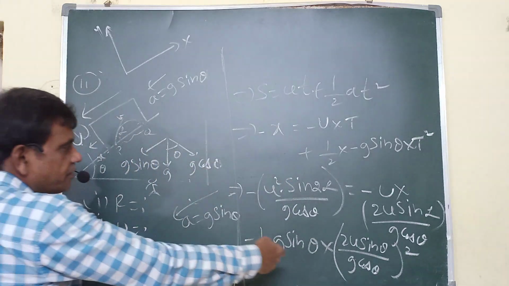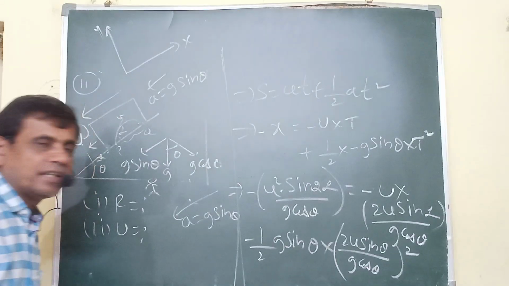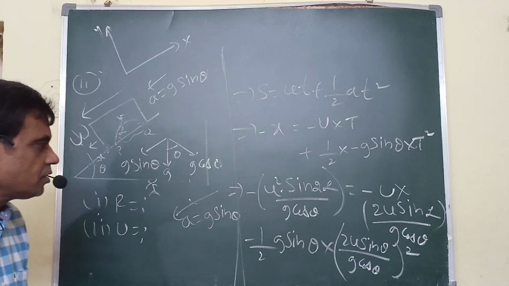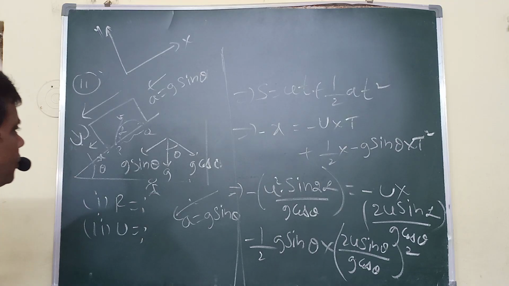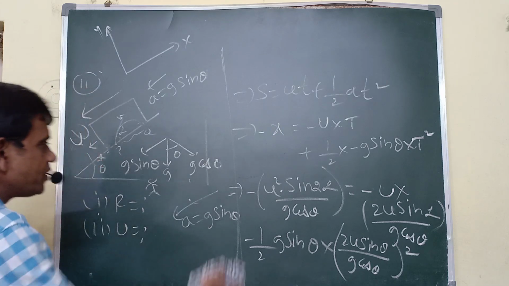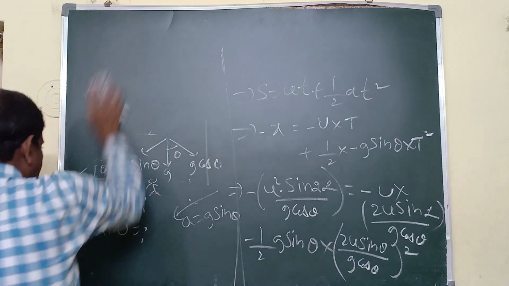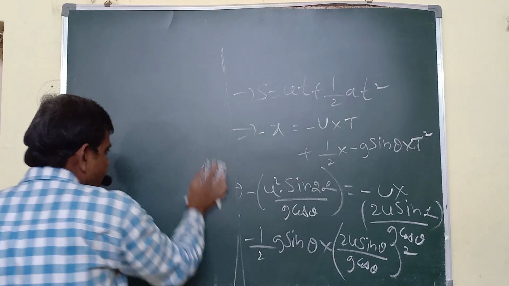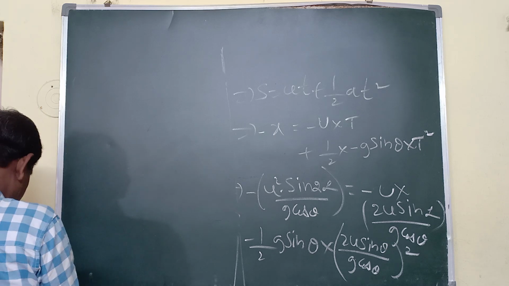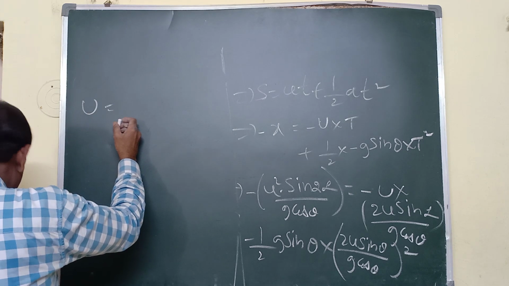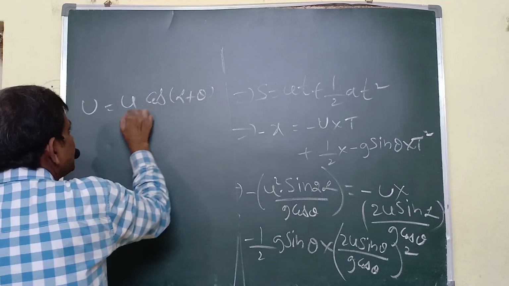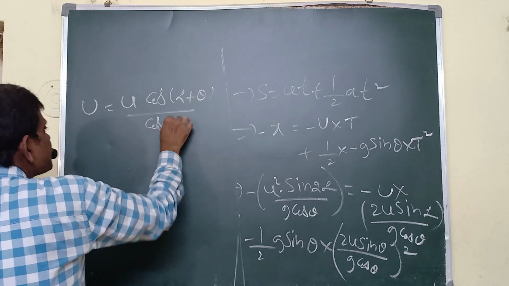Taking this to the left side and doing the mathematics, we get cos A cos B minus sin A sin B, which is the cos of A plus B formula. After taking the LCM and cancelling, we get the u value. So finally, U equals small u cos of alpha plus theta by cos theta.